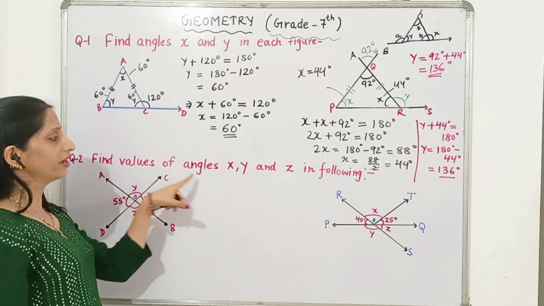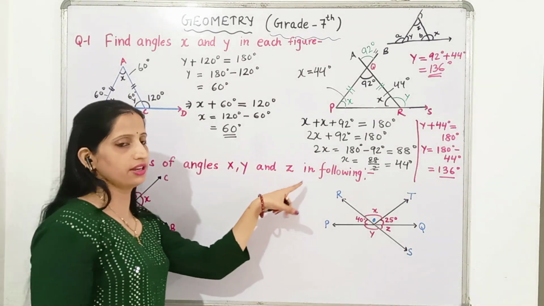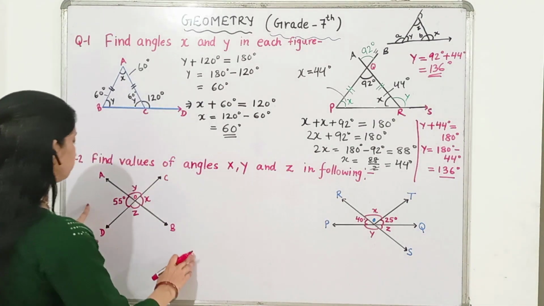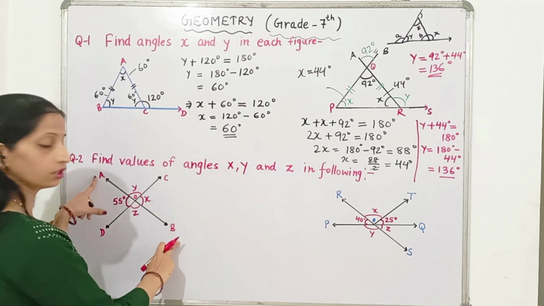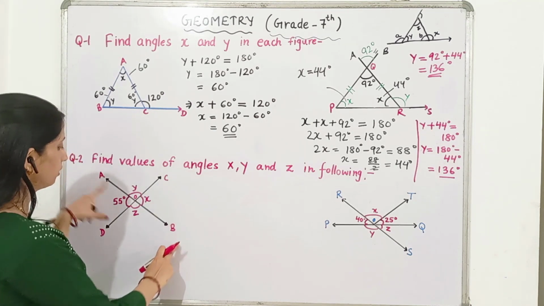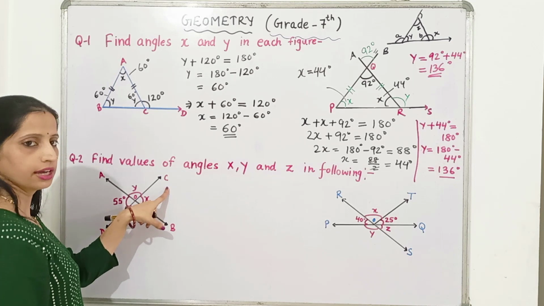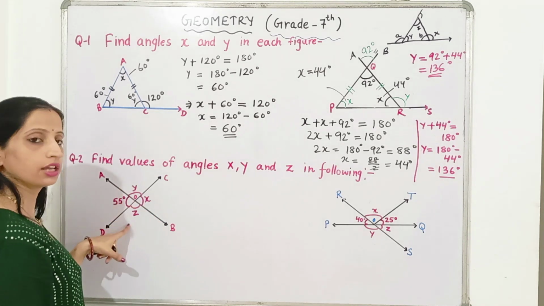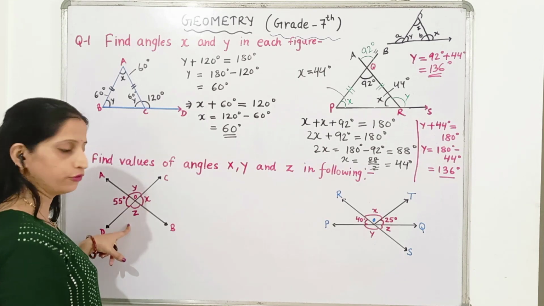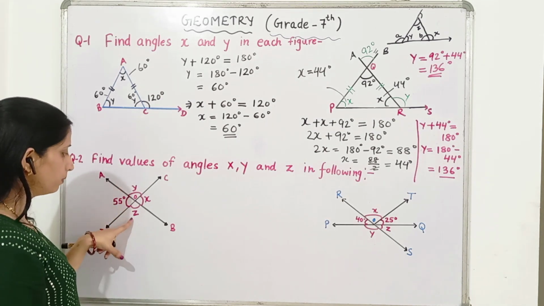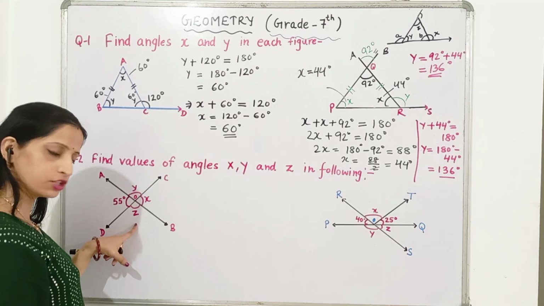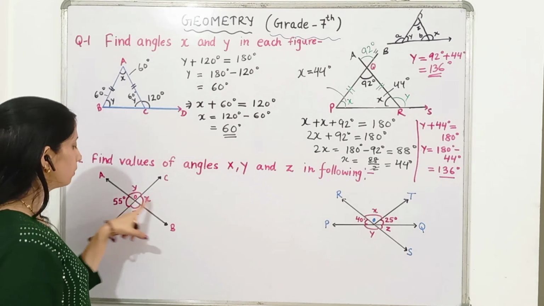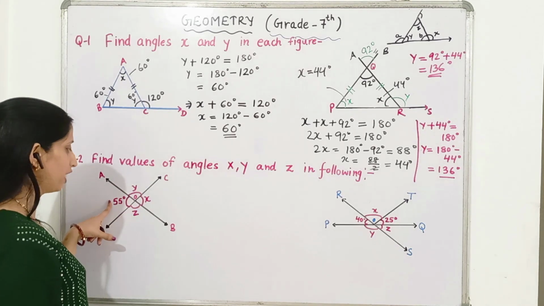Find the values of angles x, y and z in the following. See, here again two lines are given, AB and DC, and these lines are intersecting each other, and a pair of vertically opposite angles are getting formed here. y and z will be equal, angle y will be equal to angle z, and angle x will be equal to 55 degrees.